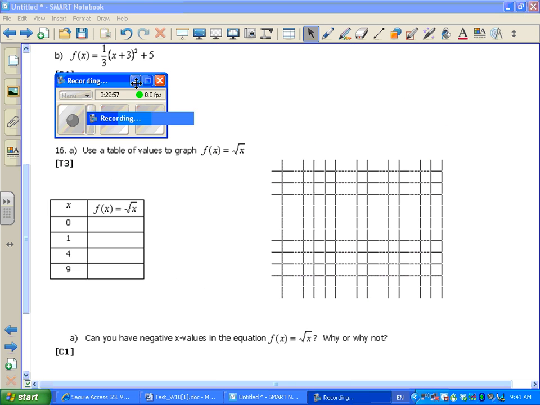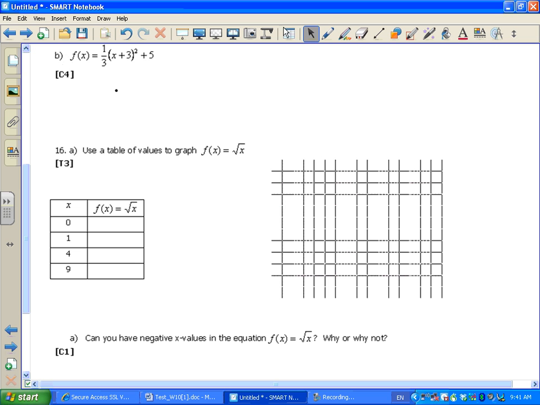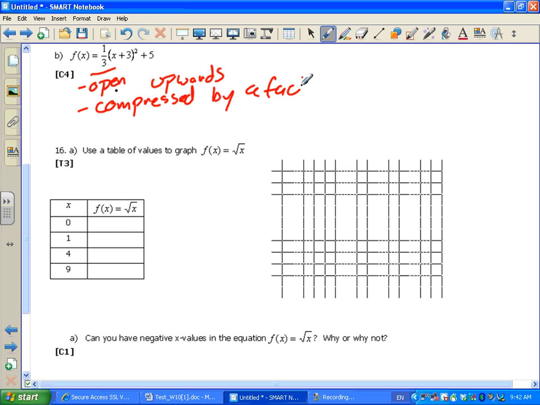Okay, question 15b. It's the exact same idea as the one before. Our A is positive, so we know it's going to open upwards. It's also 1/3. So instead of being stretched, it's going to be compressed by a factor of a third.